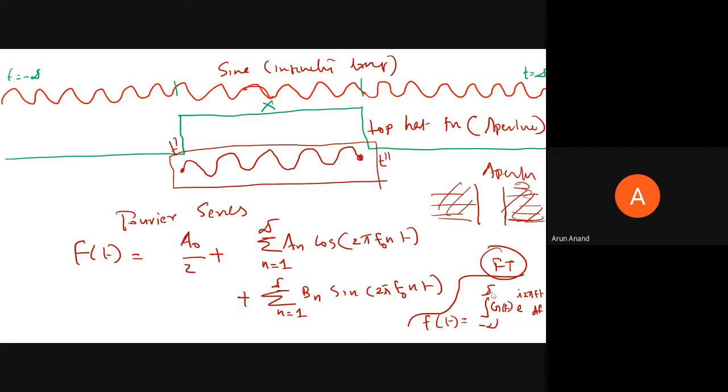You can go only up to the bandwidth of the signal. So that can be done, but that's a different issue. Theoretically speaking, you have to try out all the frequencies and see which frequency interacts or reacts with the signal and gives out a maximum. So that frequency is kept, and the amplitude of that frequency is the amplitude that you will be using.